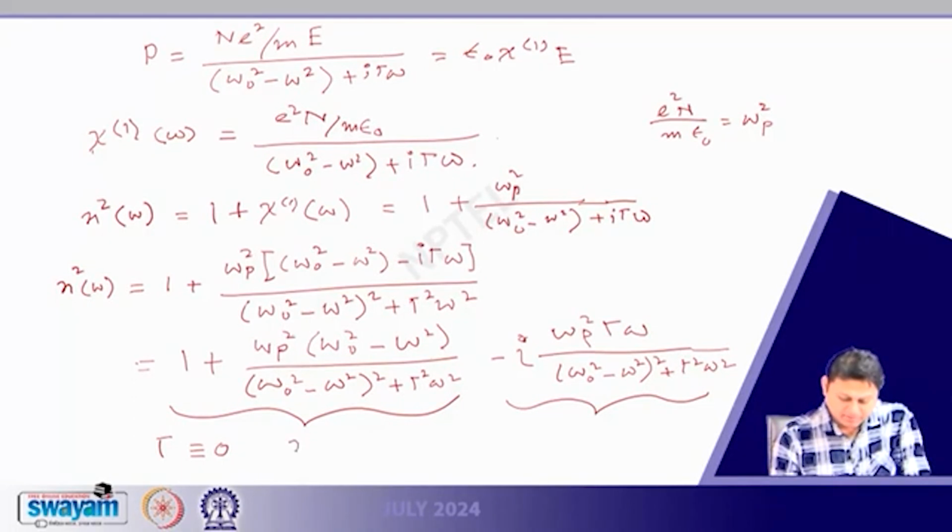n square of omega is equal to 1 plus omega p square whole divided by omega 0 square minus omega square.